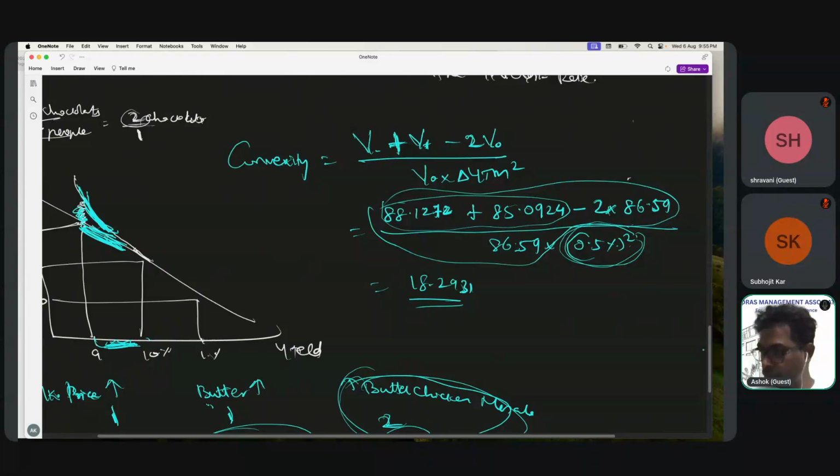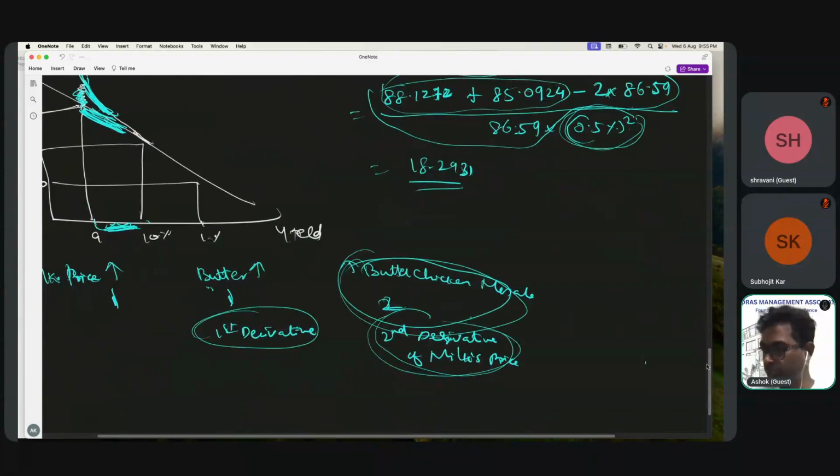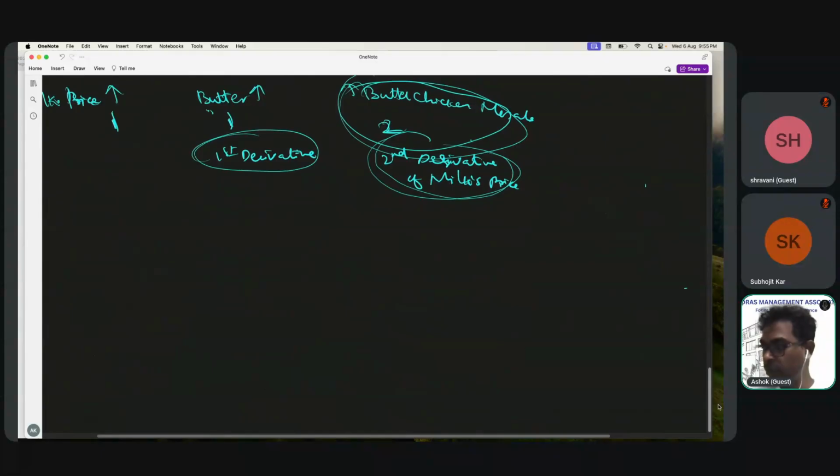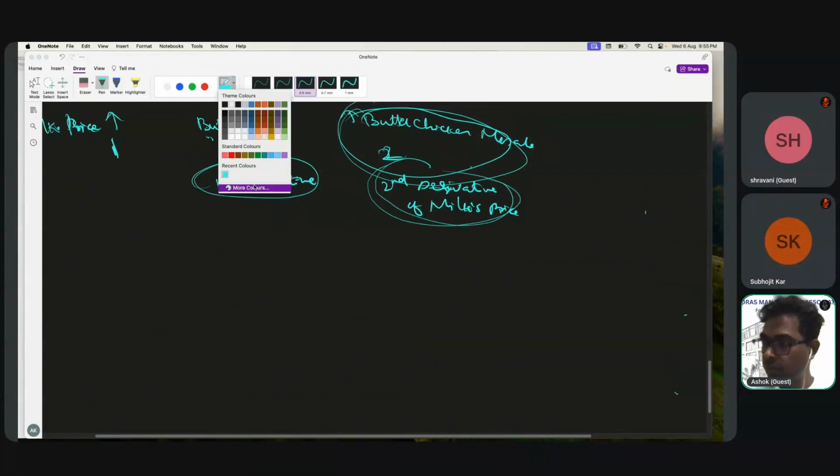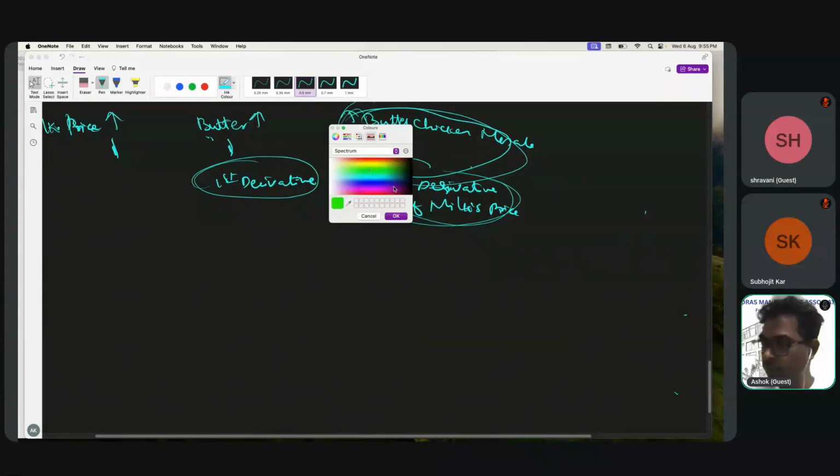Now, what do I understand with this? This is convexity. How do I use all this information? Modified duration plus convexity.